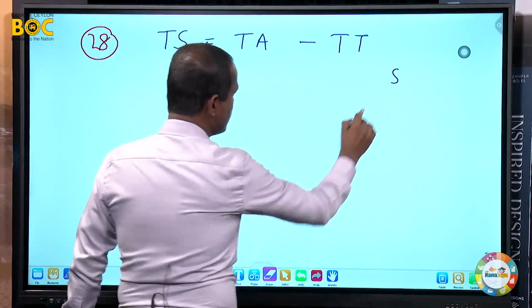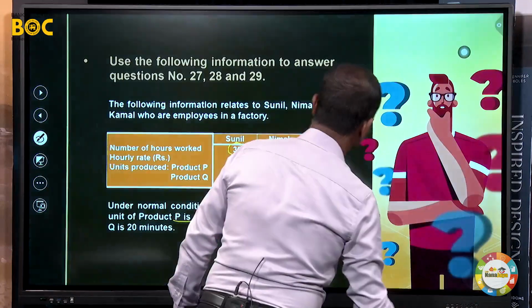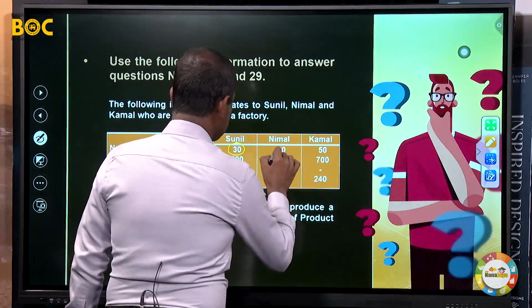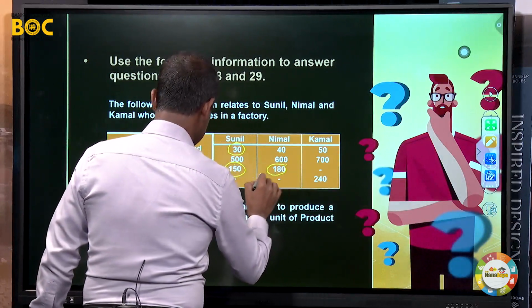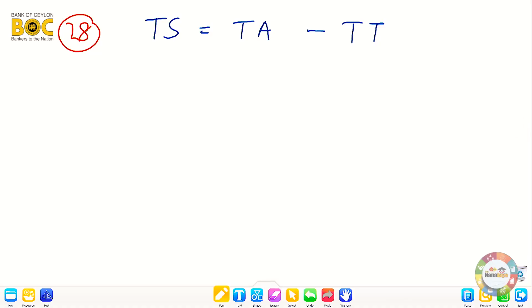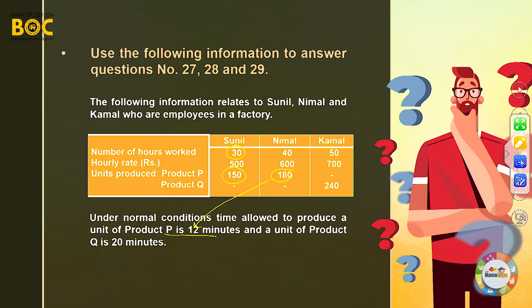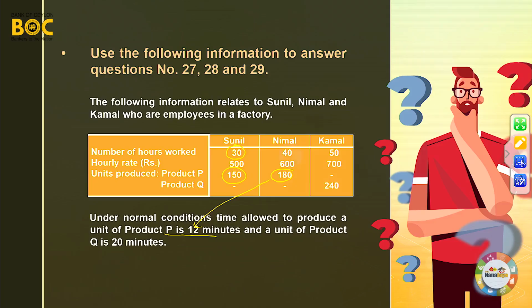To calculate the second employee, Mr. Nimal, he has completed product P, 180 units. Each unit 12 minutes. He has taken 40 hours.